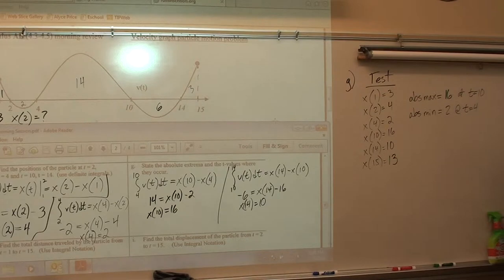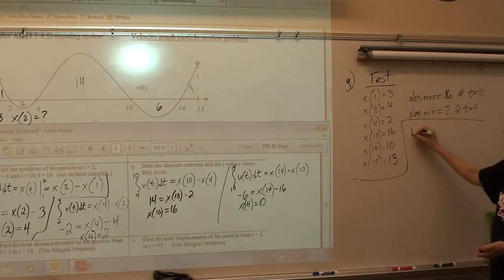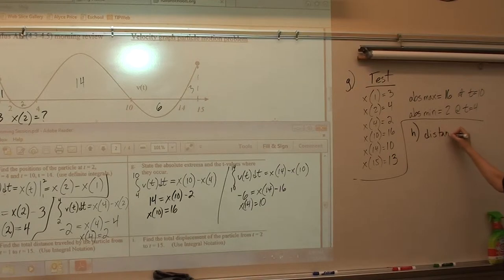Distance and displacement. I'm going to give you 2 formulas. So for letter H, distance. Distance is the integral of the absolute value of velocity between any 2 points.